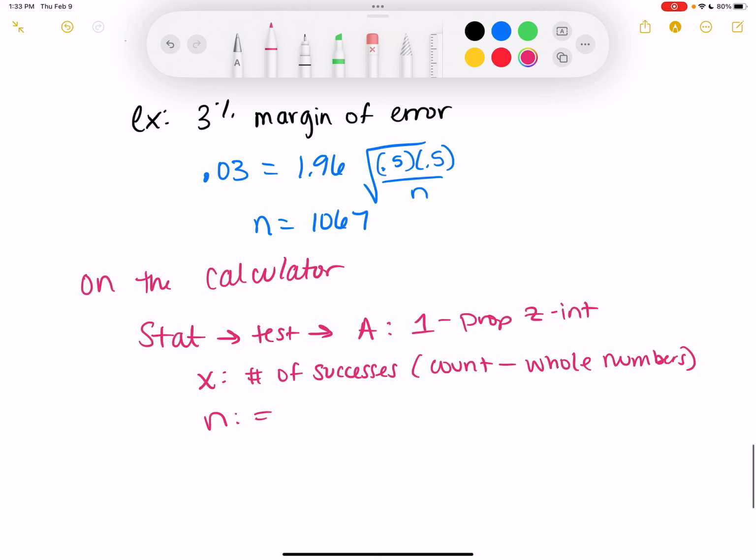N is the number of samples. And then the confidence level will be whatever it asks for. It can be 0.95, it can be 0.99, whatever they ask for. The most common one that we'll use is the 95% one. But you won't type in 1.96, you would type in 0.95, and that's what they would use for it.